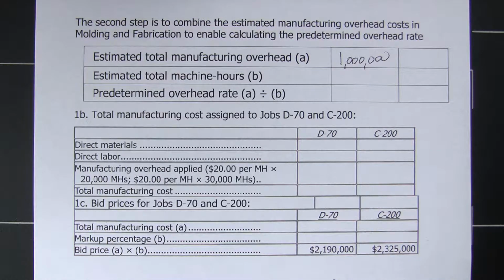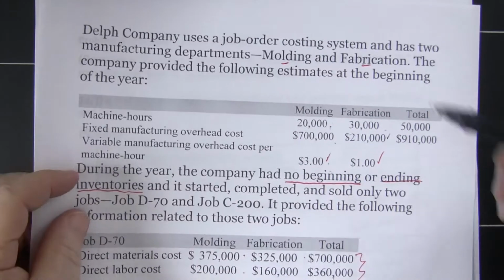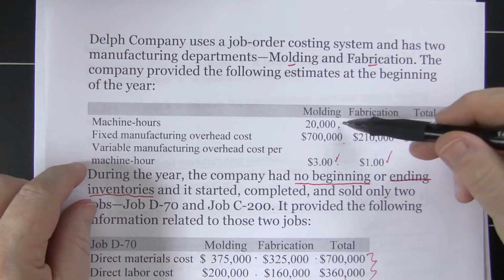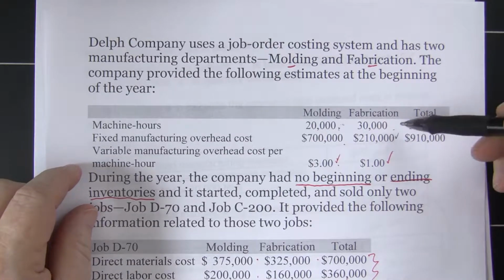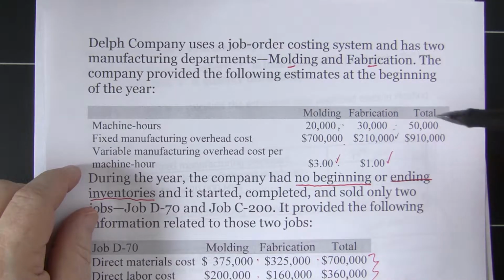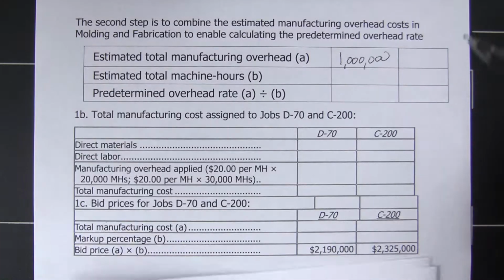And remember, we estimated a total of 50,000 machine hours between the molding department and the fabrication department.